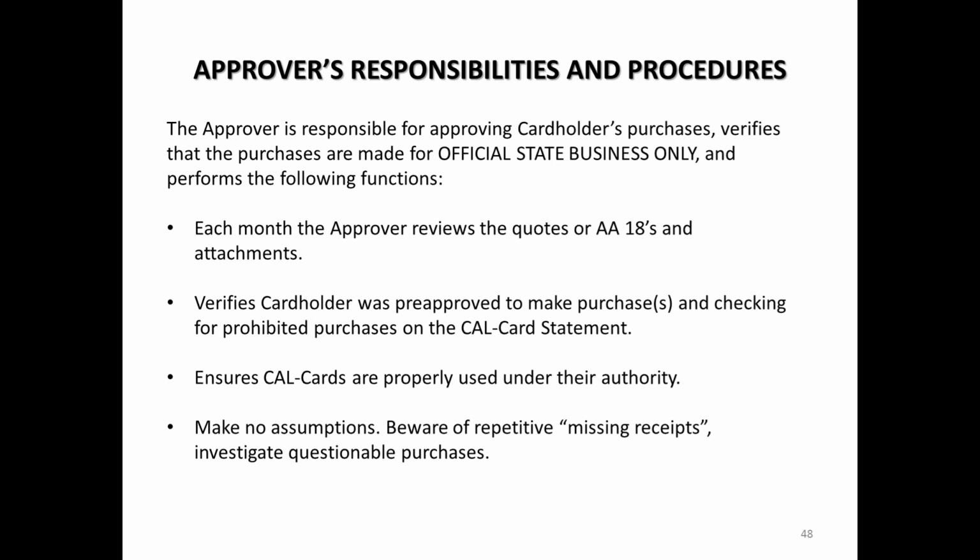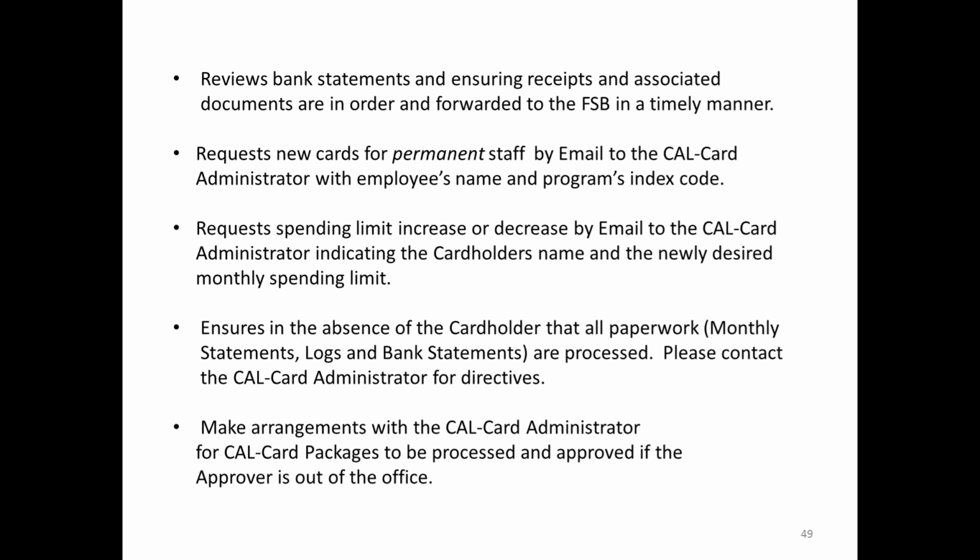Never make any assumptions, and beware of missing receipts and investigate questionable purchases. Approvers are to review bank statements, ensuring receipts and documents are in the correct order and forwarded to the Financial Services Bureau Payables Unit and the CalCard Administrator in a timely manner.